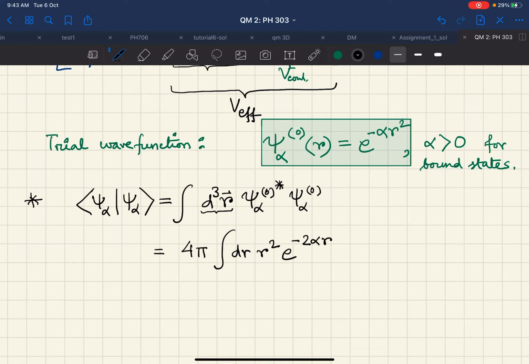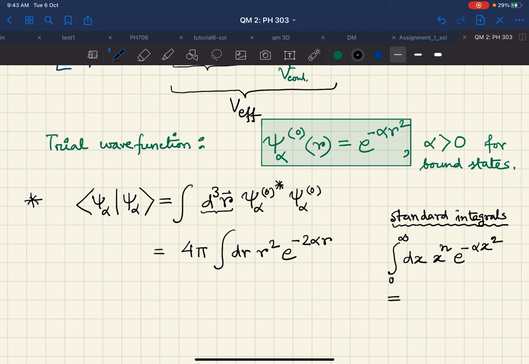Now here again we will use the standard integrals. This will be useful in the next few calculations also. So the standard integral that we are going to use is this one, 0 to infinity dx x to the power n e to the power minus alpha x square.